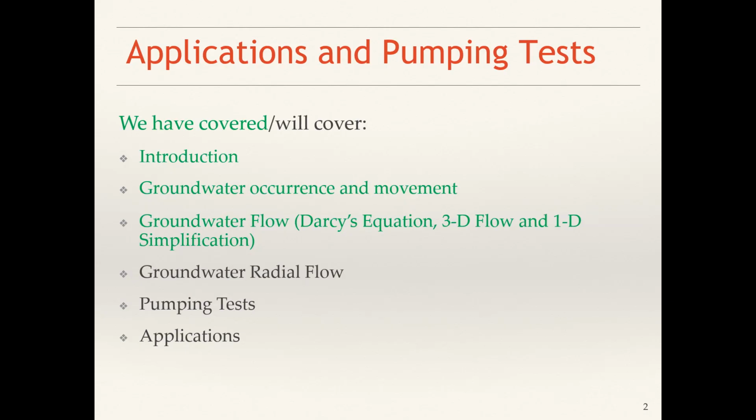Then we discussed the groundwater flow equation. The basic equation that you learn is the Darcy equation. After that, we combined this Darcy equation and the continuity equation together to develop the three-dimensional groundwater flow equation.